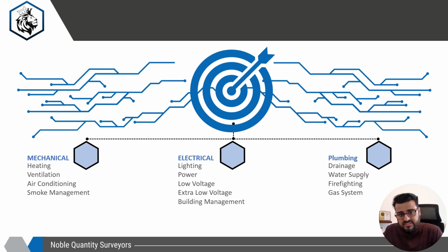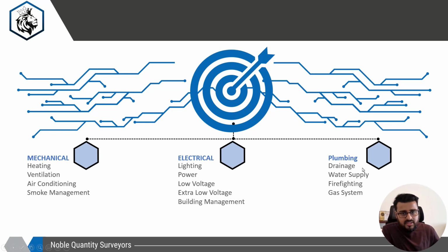We need lights, electricity, water, fresh air, safety, fire safety, and a clean building environment. This is what an MEP will give you when we live in the building. So all this comes under the MEP, which is mechanical, electrical and plumbing.